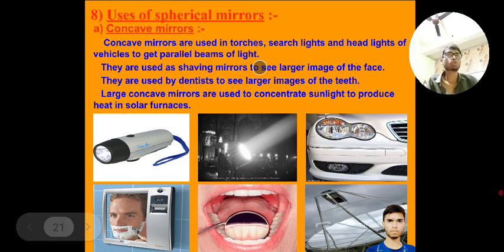Concave mirrors are used in torches, searchlights, and headlights of vehicles to get parallel beams of light. Here you will see that the rays go like that, because the concave mirror converges and then the light diverges.